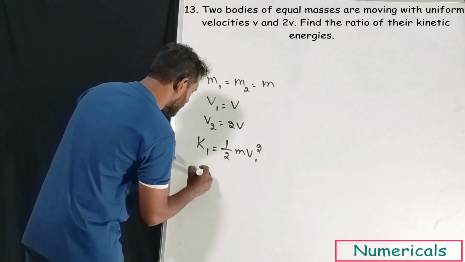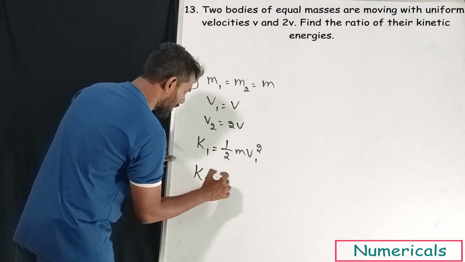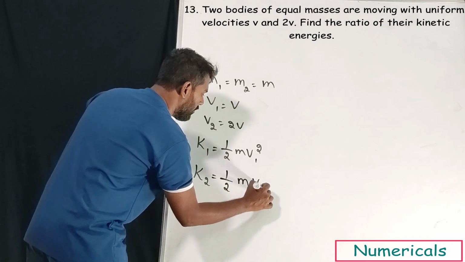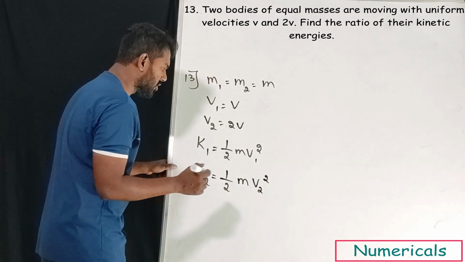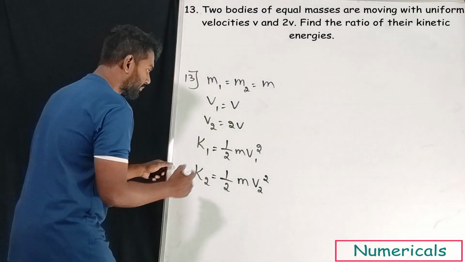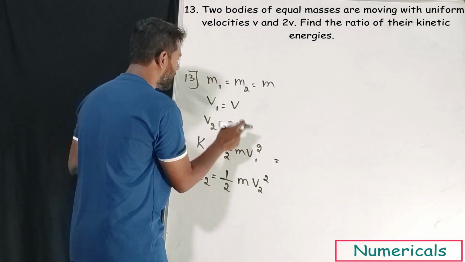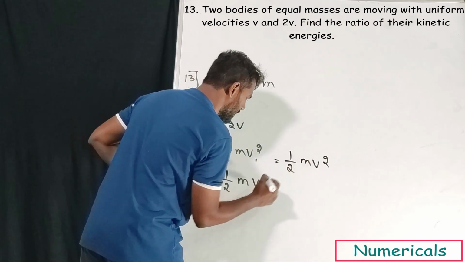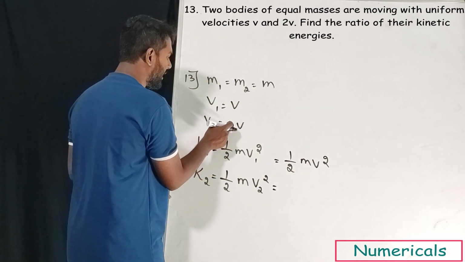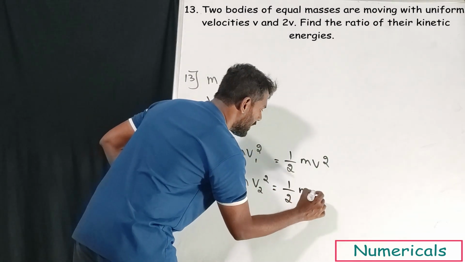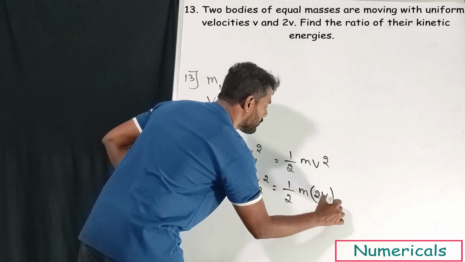Then kinetic energy of the second body is half m v2 square. Now we substitute v1 and v2. So v1 is v, so this becomes half m v square, and v2 we have taken as 2v, as given in the question, half m (2v) whole square.